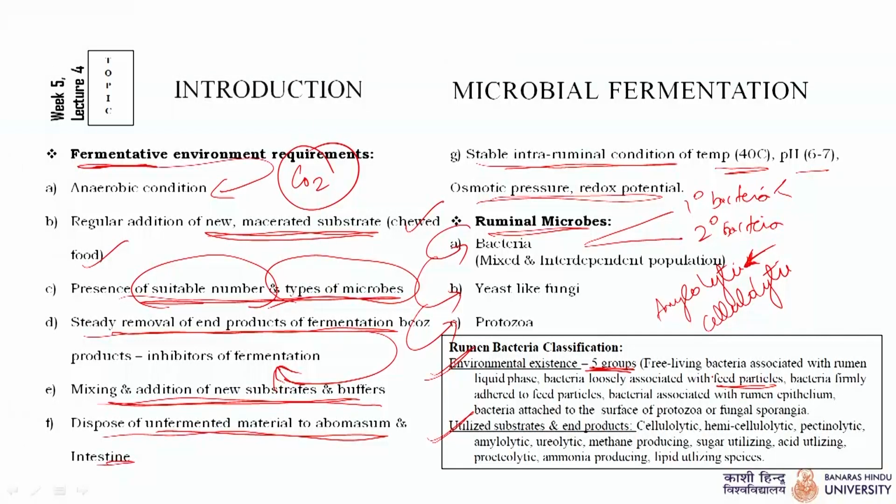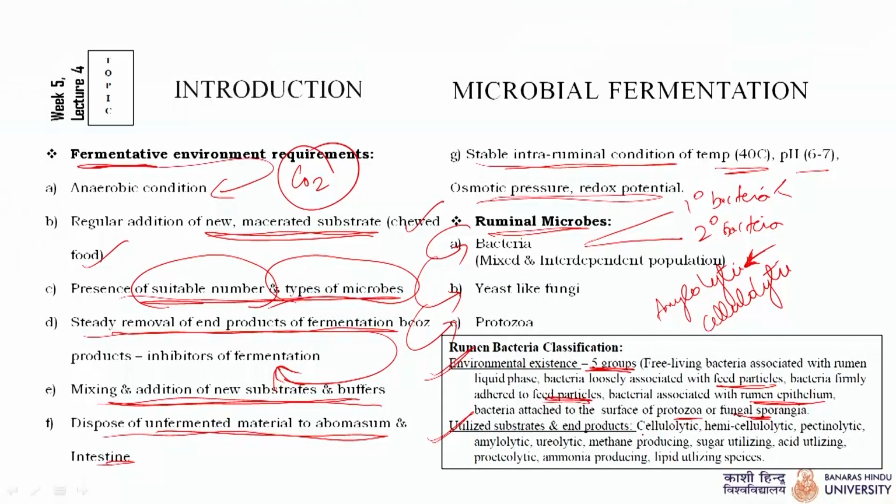Then the next classification is bacteria associated firmly with the feed particles. The fourth is bacteria associated with the epithelium of the rumen. And the last is bacteria attached to other microbes such as protozoa as well as fungi. So these are the other classifications of the bacteria. Then the next is based on what substrate they utilize and which end product they form.